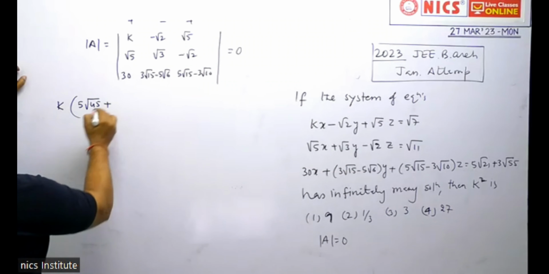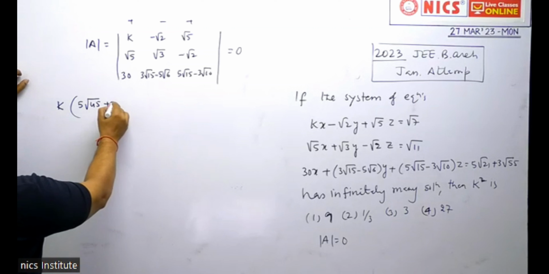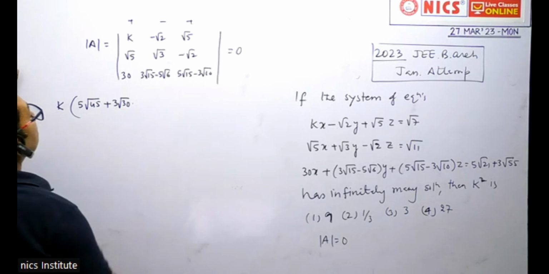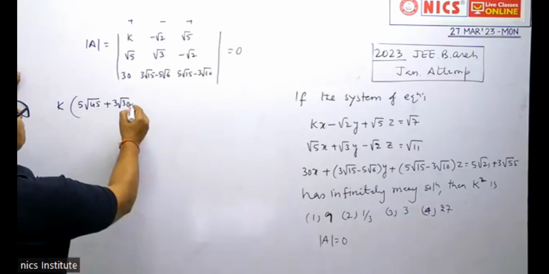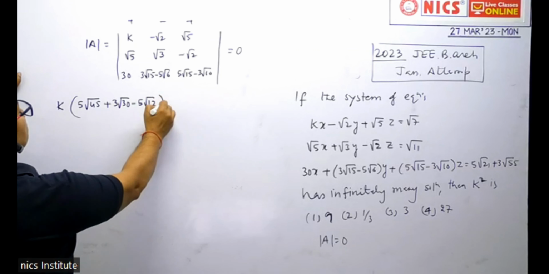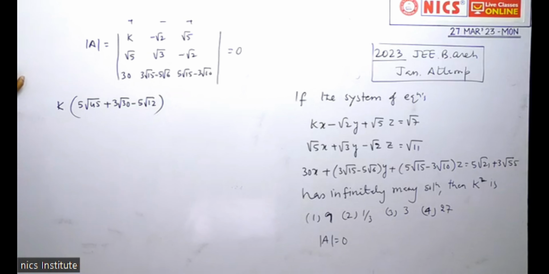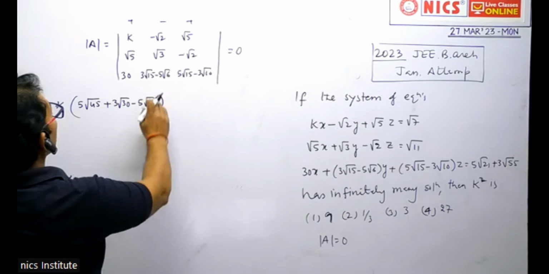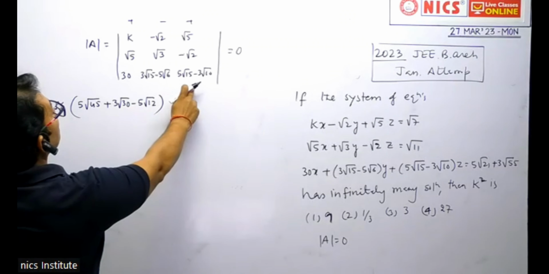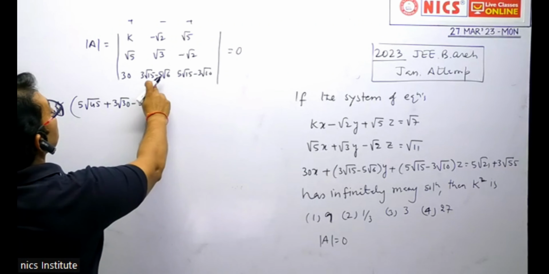This into this is plus root 2. So 3 root 30 minus 5 root 12. I made a mistake or what? This into this, and then this into this, right?